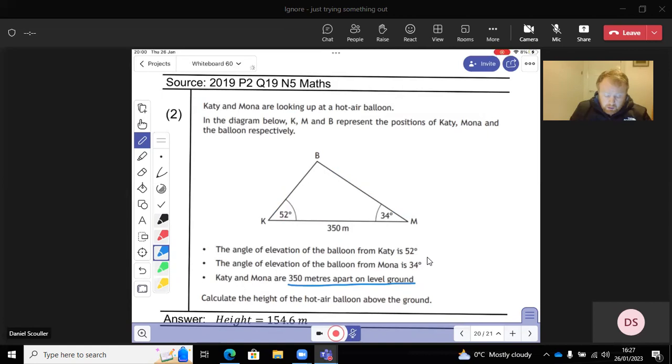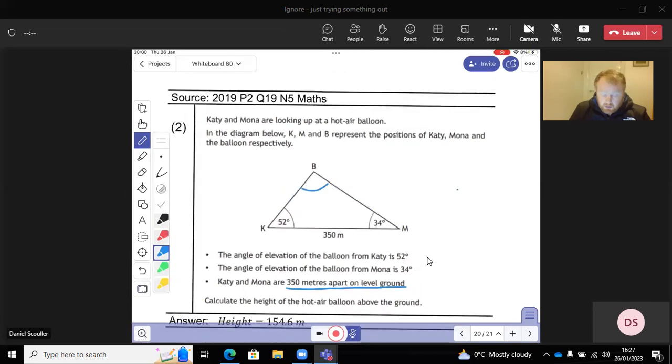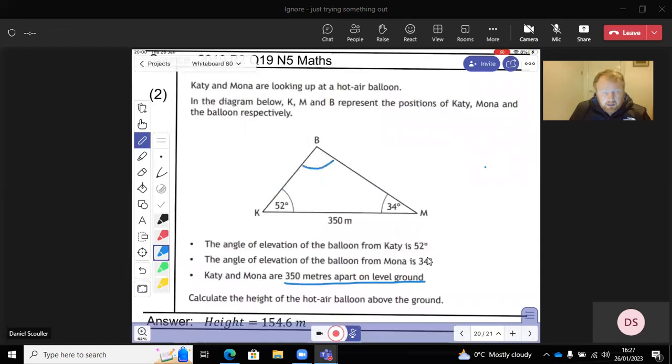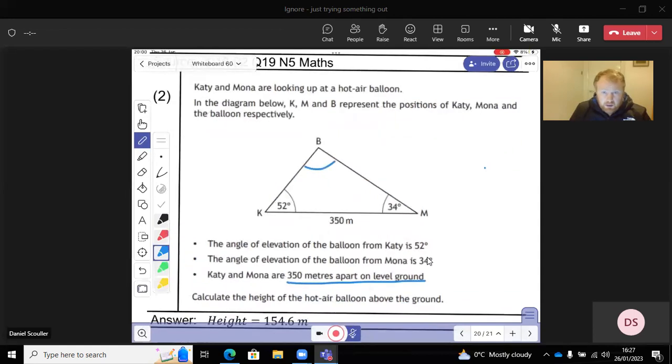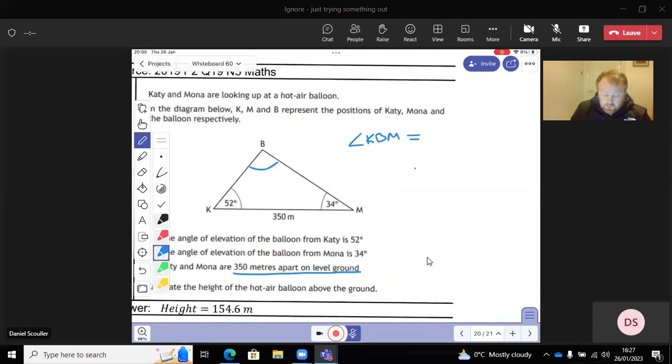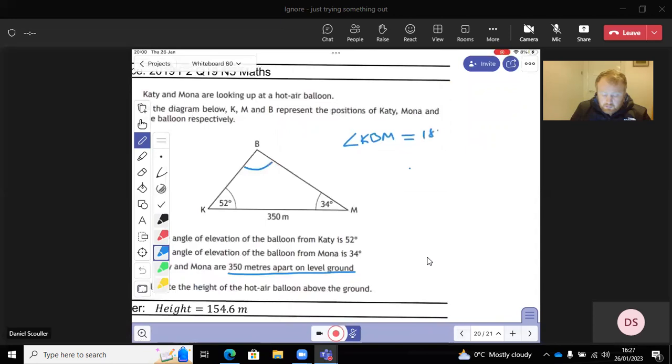Now remember, all the angles in a triangle add up to 180. So we can quickly work out angle KBM by doing 180 minus 52 minus 34.